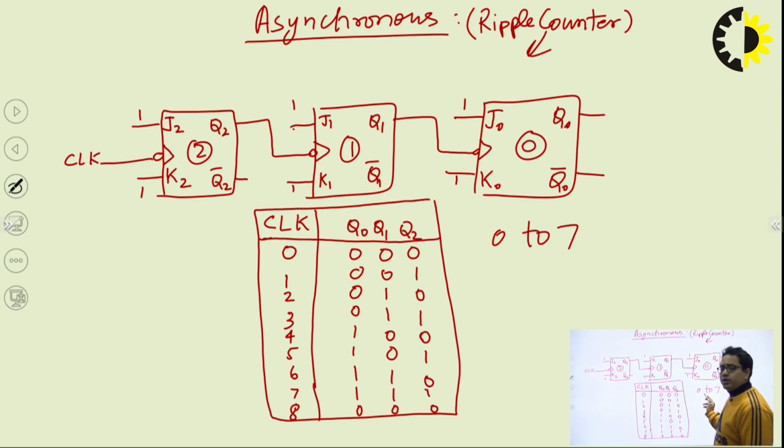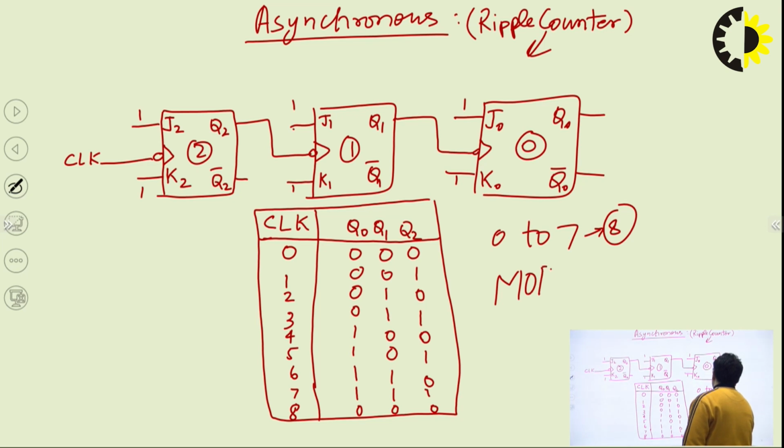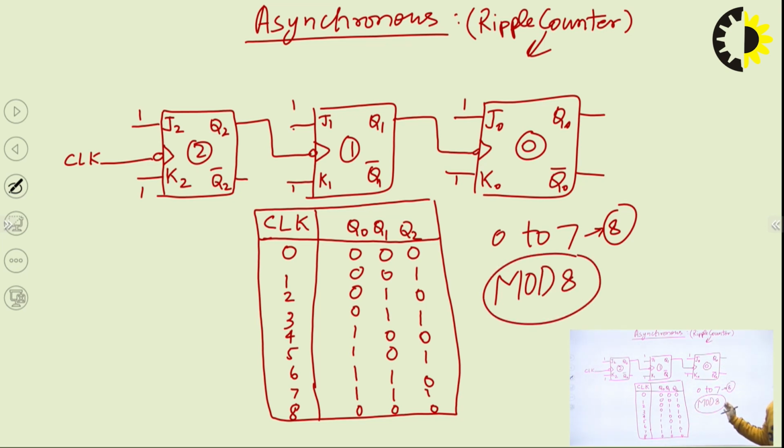That means the total number of different states is 8, so this is a mod 8 counter, a mod 8 up counter. That is the meaning of this counter.